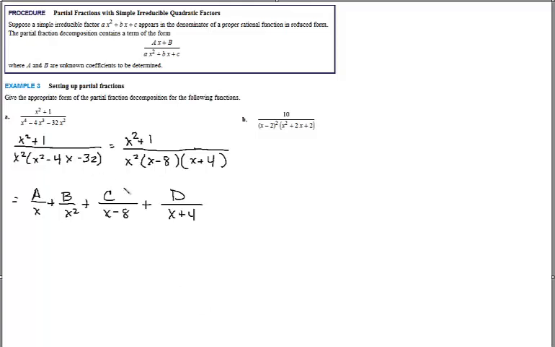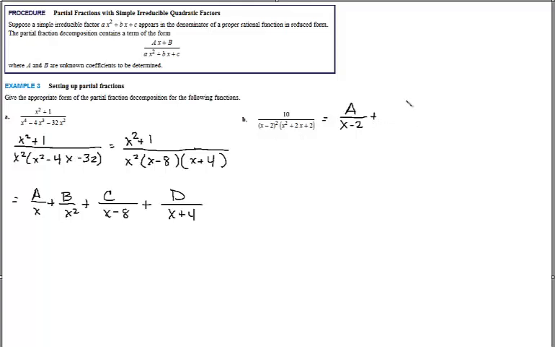Alright, so this one factored completely. I'll just use what I learned in the previous example, where I had linear factors. This is how this one would break apart. Alright, let's look at this next guy. He's already factored for me.